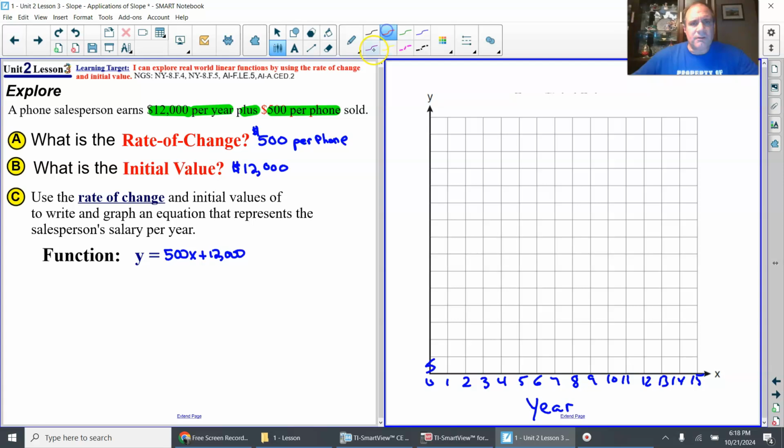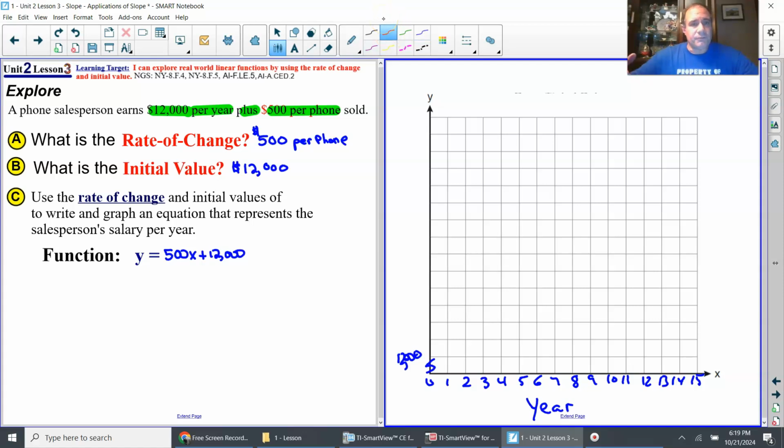And we're going to start with $12,000. That's $12,000 because that's what he earns if he sells absolutely nothing. Just nothing. So we're going to put that $12,000 right there in that first line. Now, how much does this person earn?